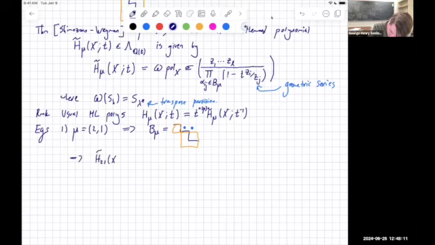And so writing it all out, h21 tilde of x, t is omega of the polynomial part of x of the symmetrization of, we'll have these two root denominator factors that we're expanding out as geometric series. So we have 1 plus t z1 over z2 plus t squared z1 squared over z2 squared, and so on.